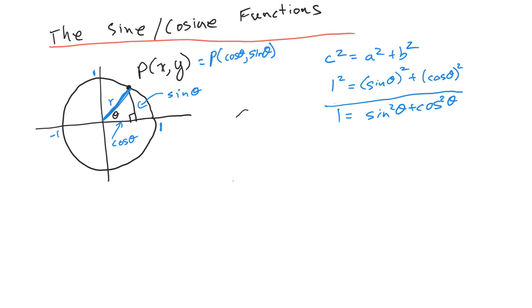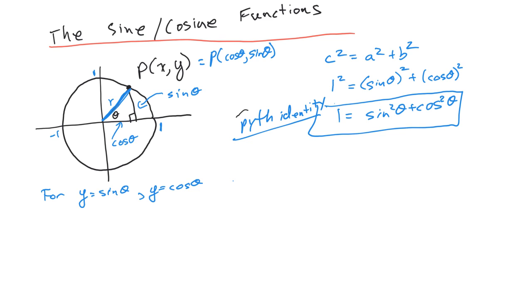We call this the Pythagorean identity. You're going to be using that to help you solve problems a lot. Now, here's what you need to know about y equals sine theta and y equals cosine theta.